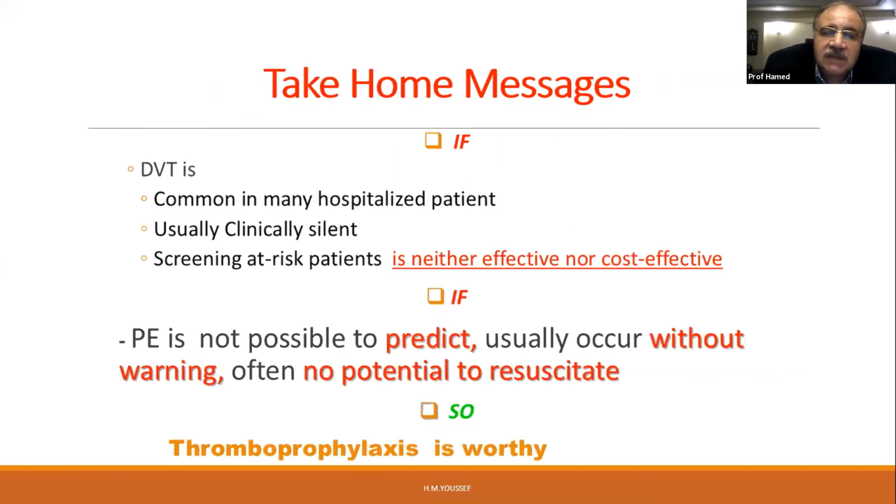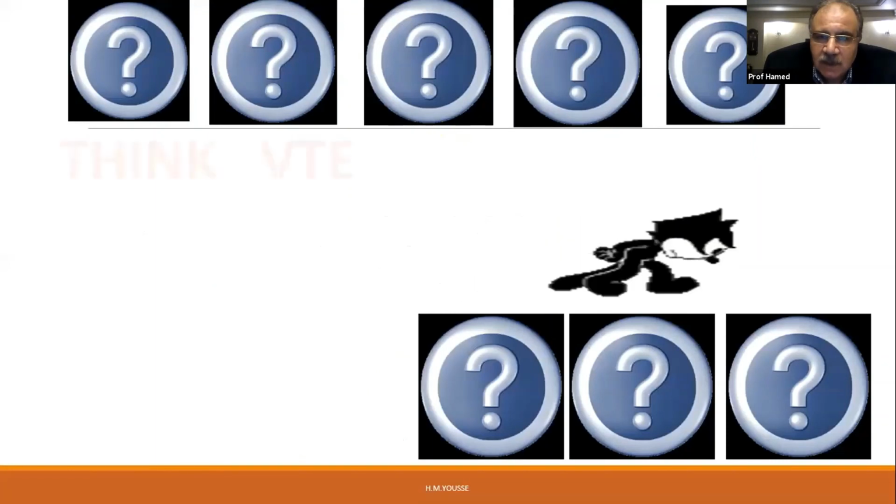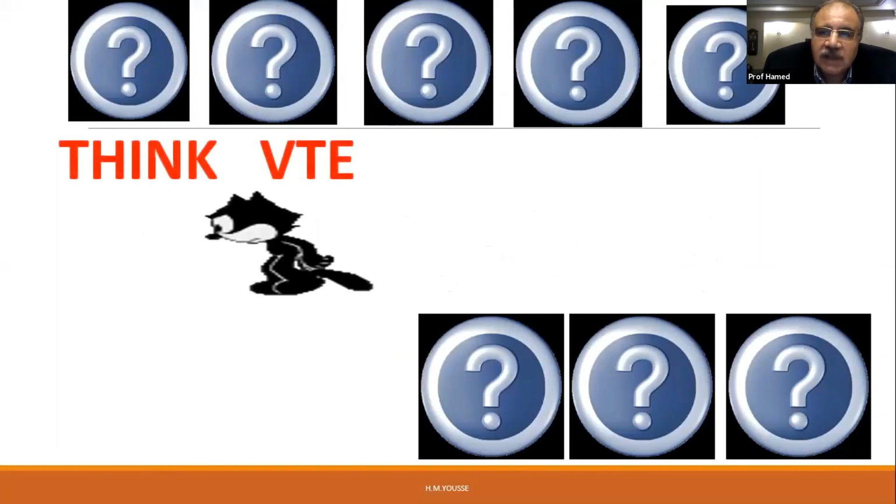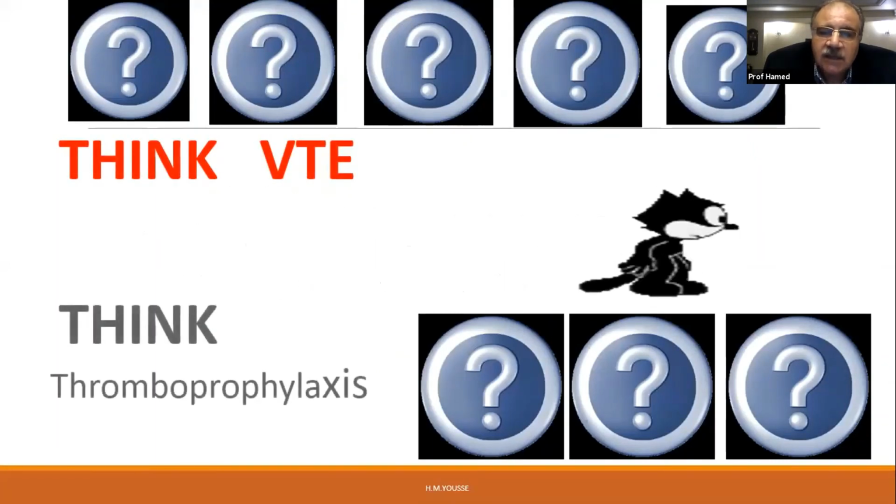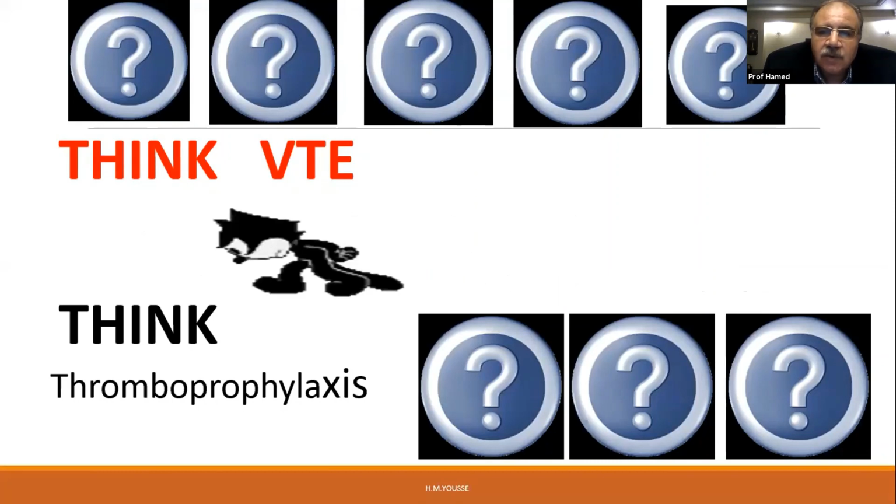And if DVT is common in many hospitalized patients, as usually clinically silent, screening at-risk patients is neither effective nor cost-effective, and if pulmonary embolism is not possible to predict and usually occurs without warning, often with no potential to rescue your patient, so thromboprophylaxis is worthy. Again, you have to think of VTE and you have to think of thromboprophylaxis.